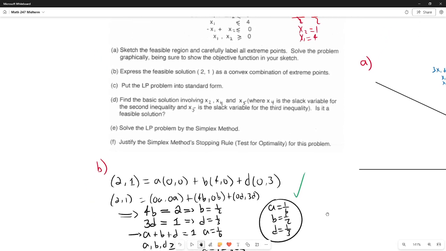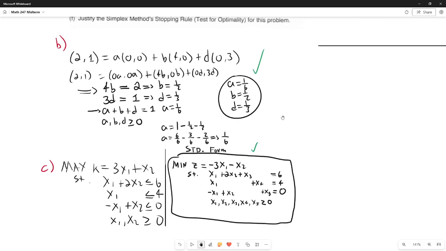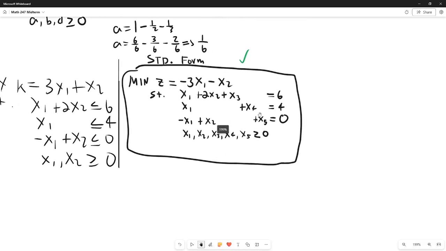All right. So now part D says, find the basic solution involving x2, x4, and x5, where x4 is the slack variable for the second inequality, and x5 is the slack variable for the third inequality. This will be given in the question. You can use that as a way to confirm your answers. Let's check.